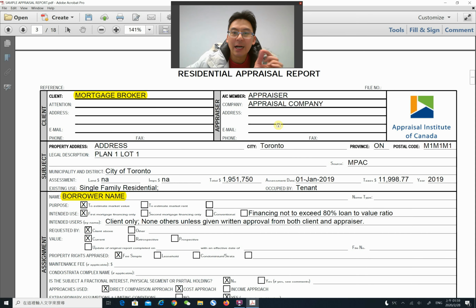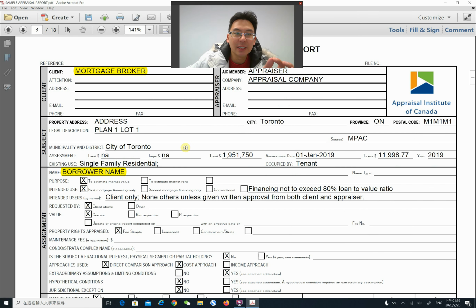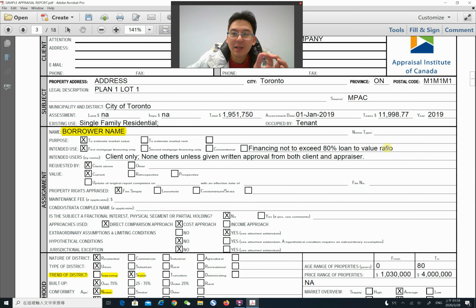Okay, appraisal company, property address, legal address, property tax, occupied by, right? If it is owner occupied, it will say the owner.